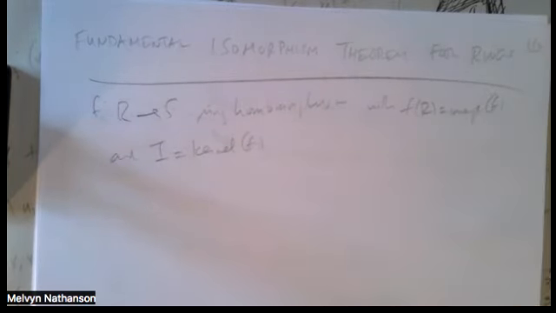So let me prove this. Let me prove the simplest case first. There's a slightly more general case that I prove in the notes, and I'll prove that in a moment.